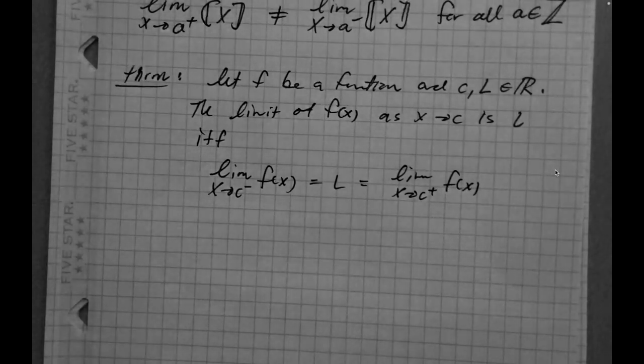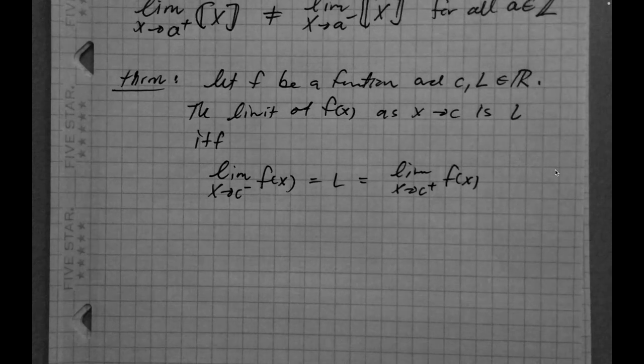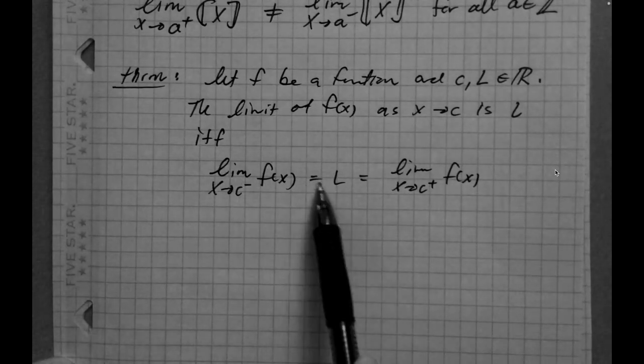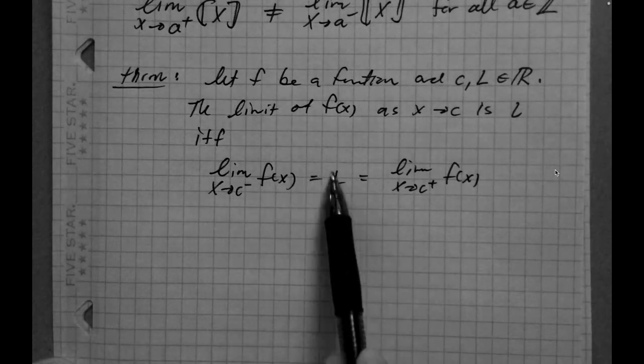That seems reasonable. The definition of the overall limit says that as we approach the limit point c from the left or from the right, from either side, the function has to approach L. That's exactly what happens here. If the left-hand limit approaches L as x approaches c, we call L the limit.